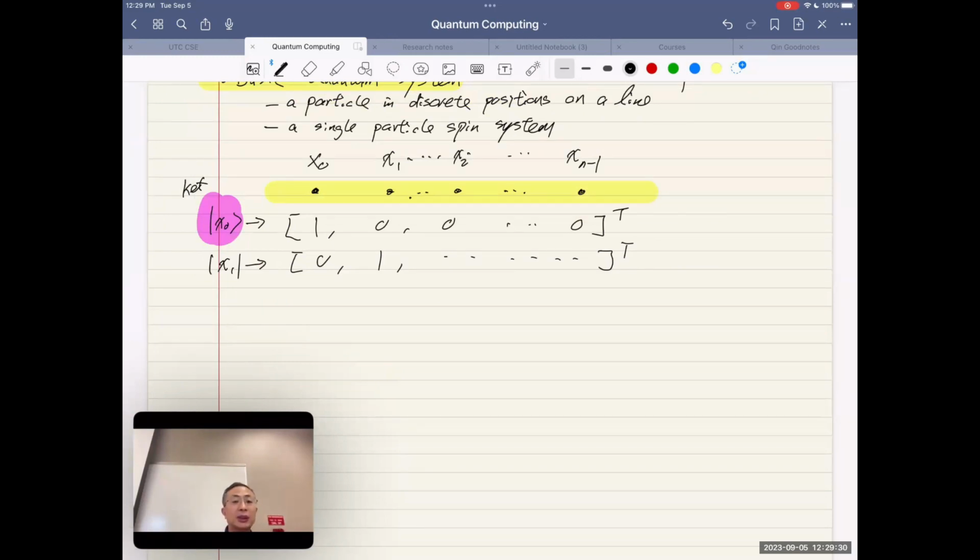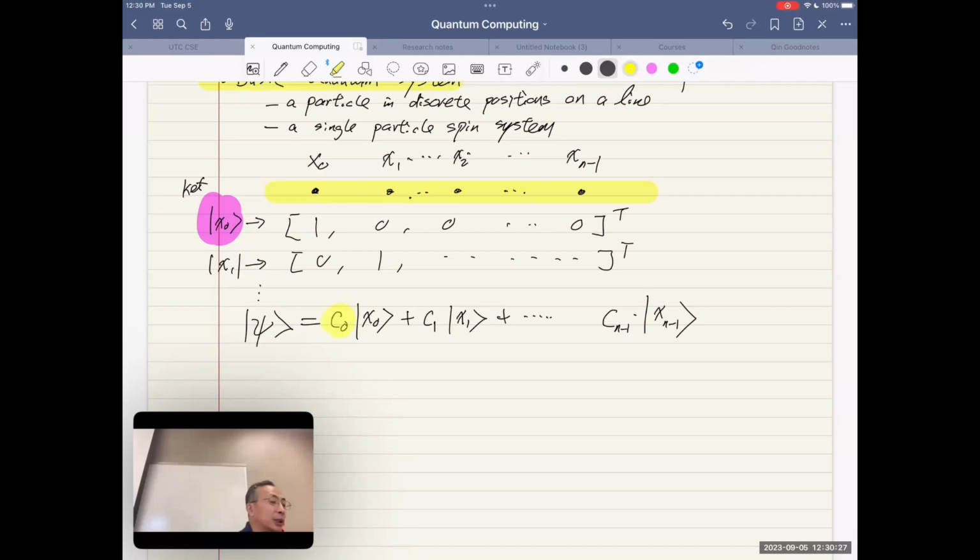If we write the whole thing, generalizing this, it will be psi cat, which is equal to a complex number C0 times cat x0, followed by another complex number times cat x1, and so on, up to Cn-1, a complex number, times the cat state xn-1.